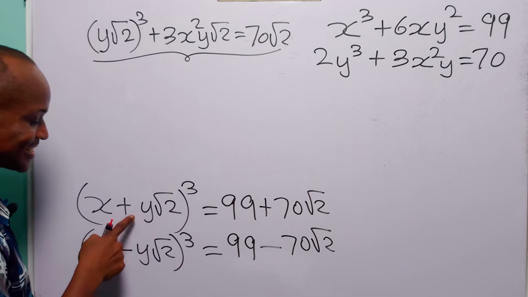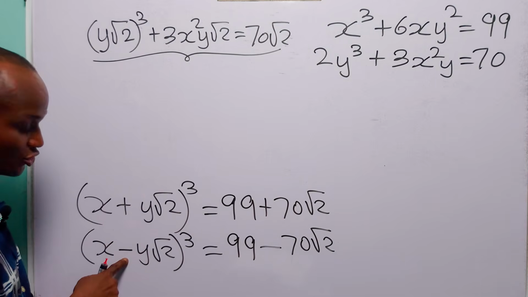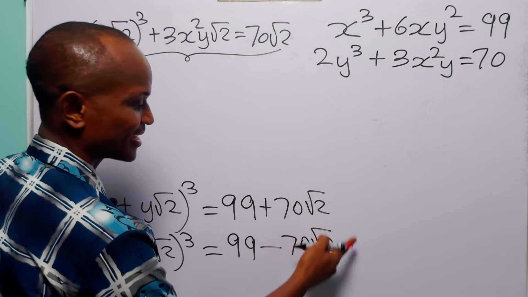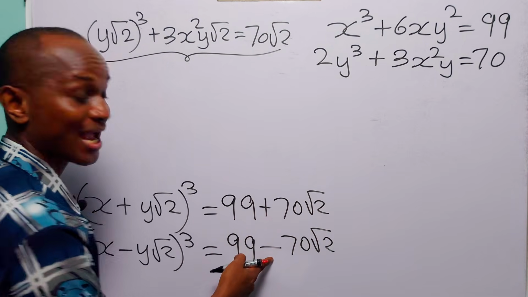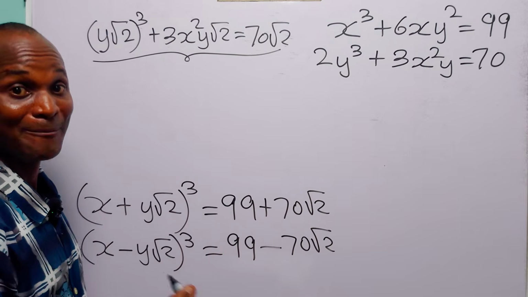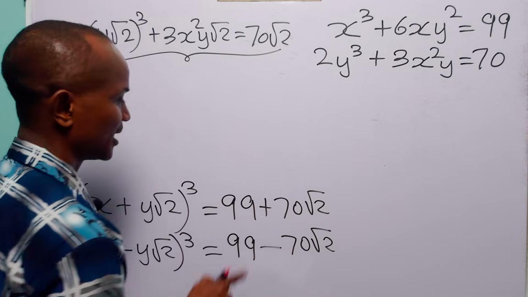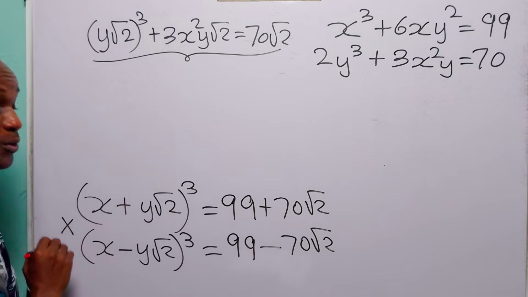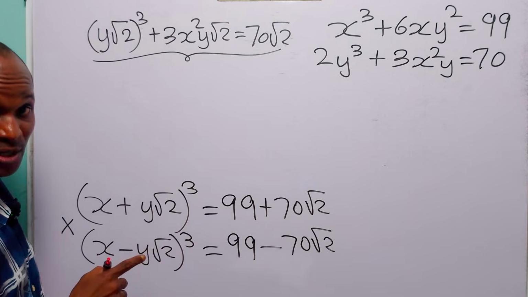Now notice that inside these two brackets we have conjugates, and also on the right hand side of these two equations we have conjugates. Now remember the difference of two squares. So what we are going to do is that we will multiply these two equations.